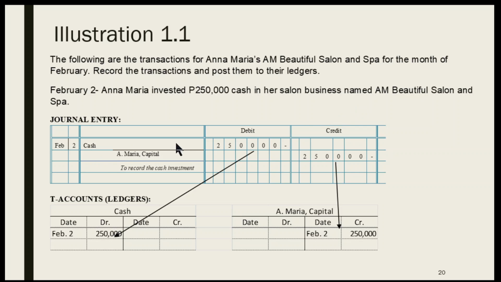From the journal entries, you debited cash and credited Ana Maria capital. You transfer the cash of 250,000 to the T account or the ledger of cash. That would be placed on the debit side. For the credit, 250,000, you're going to place that on the credit side as well of Ana Maria capital.